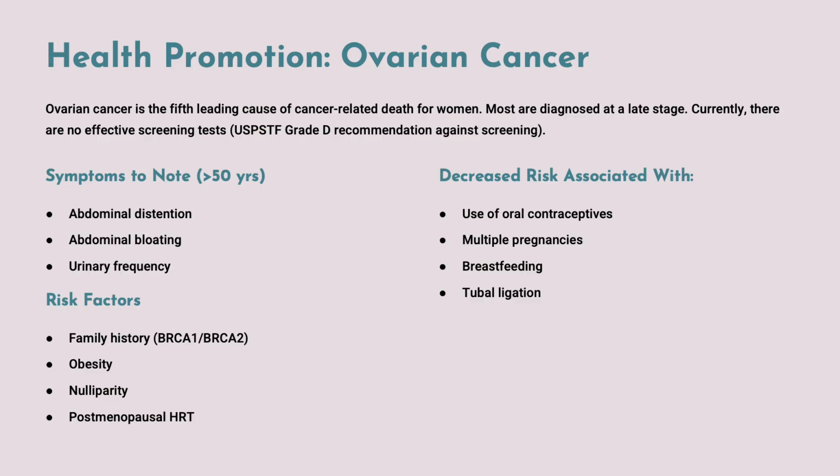So for this, you only have to ask about certain related symptoms. Important symptoms, for example, for those who are more than 50 years old include abdominal distension, abdominal bloating, and urinary frequency. There are also certain risk factors such as family history, obesity, nulliparity, and postmenopausal hormone replacement therapy.